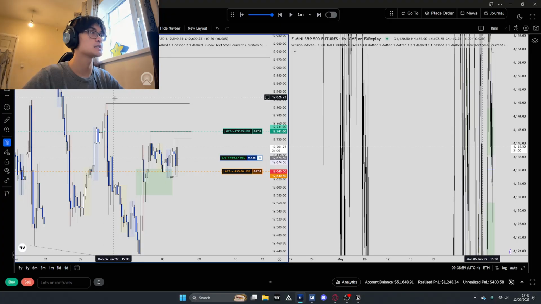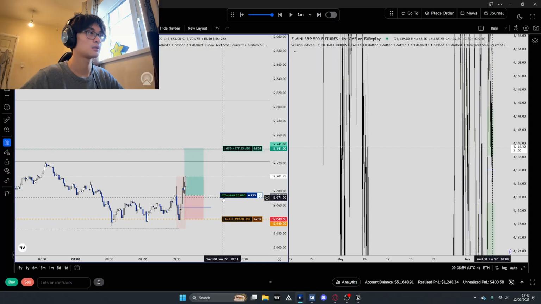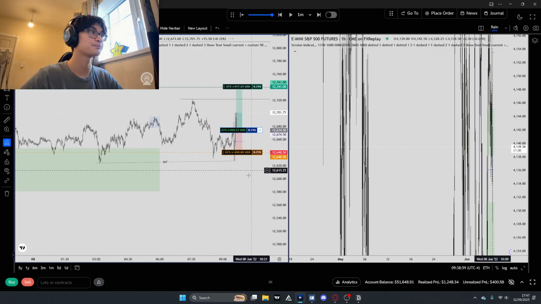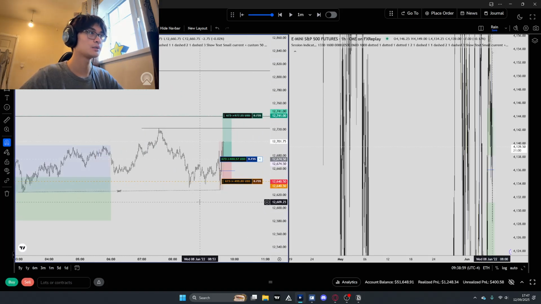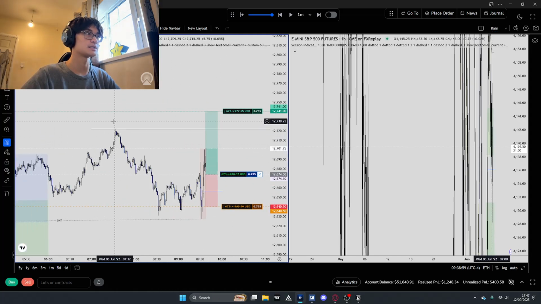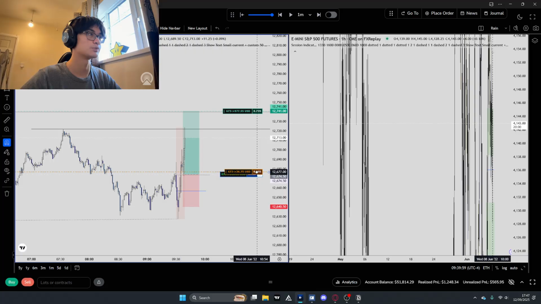Honestly, I could expect this high as well, but it's too far, I think. 135 points, that's actually not that bad. No news. So, gonna trail when this high gets it. And there it is. So, gonna trail to break even.